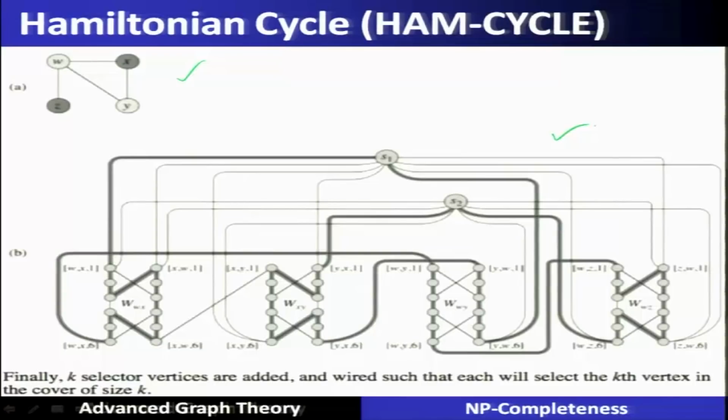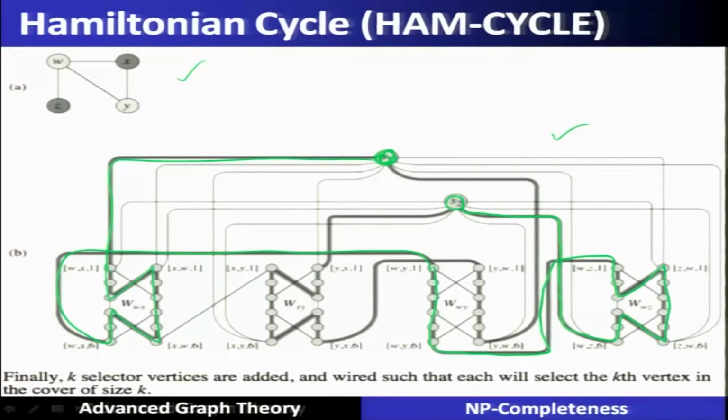So, here we can see that if we select a vertex x1, then we can enter through a particular widget, trace back all the widgets, and then exit from this particular widget, entering another set of widgets, and another set of widgets.